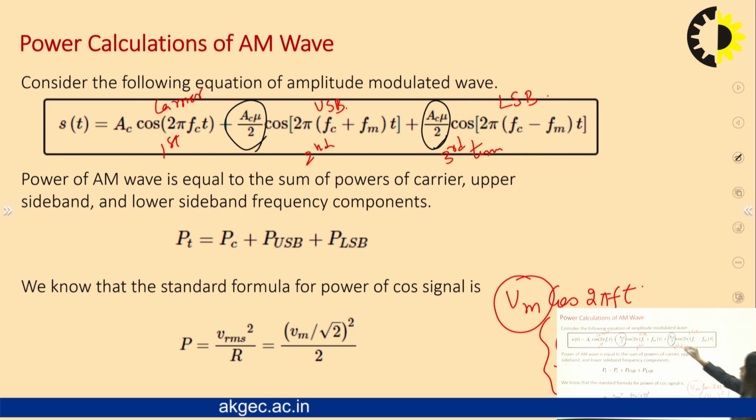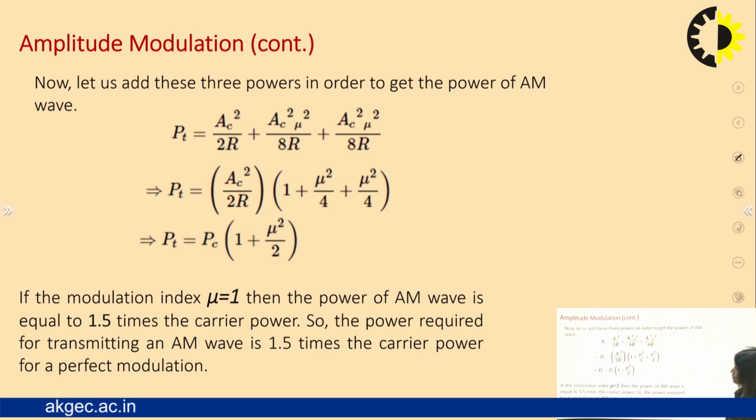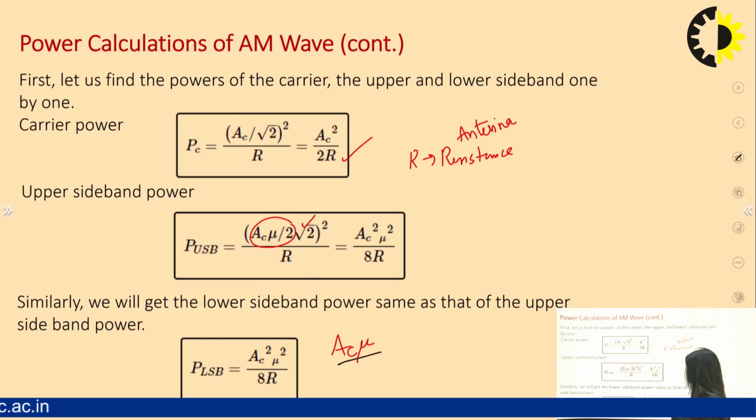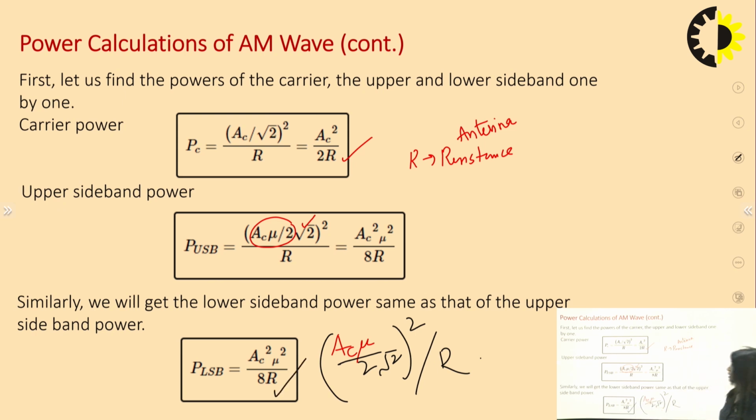So the LSB power is AC mu upon 2 root 2 squared upon R, which comes out to be AC square mu square upon 8R.